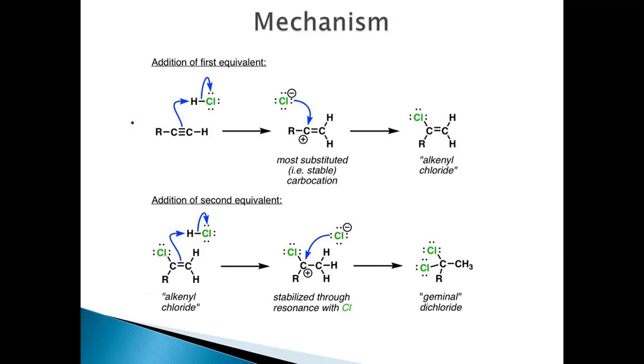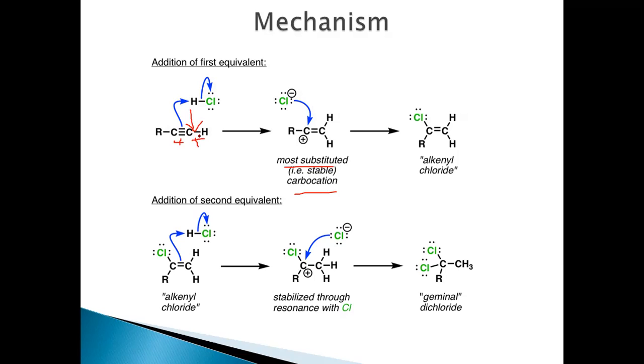The first step: when HCl is added, the H is added to the carbon here, which results in the formation of a more stable carbocation. When this hydrogen goes to the carbon with more hydrogens, it results in a carbocation which is more stable, that is a secondary carbocation.